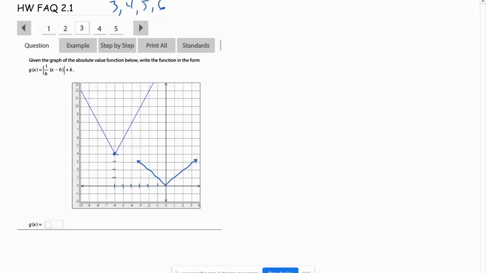And the slope has also changed. And so one way to write this would be y equals 2 times the absolute value of x plus 6, and then up 4.